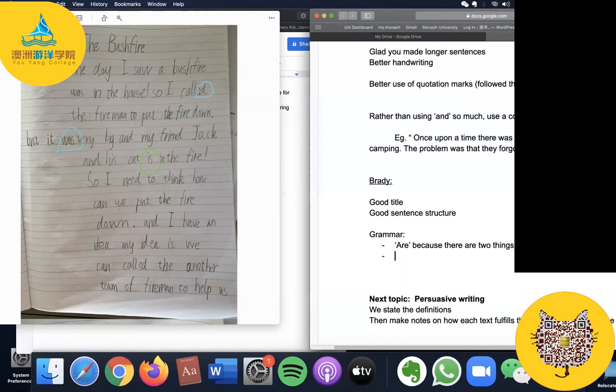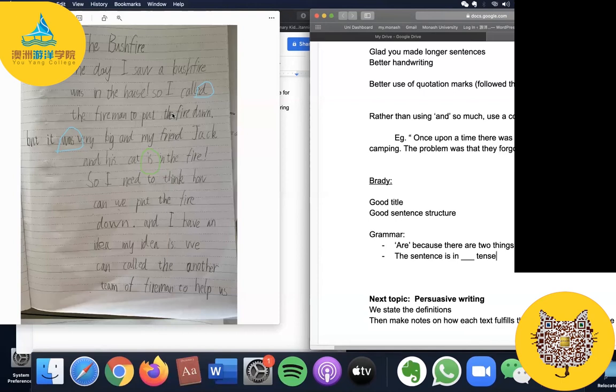Okay, but the thing is, what tense is the sentence using? Is it in present tense, past, or future? Brady and everybody else, tell me, what tense is this sentence in? Do we know tenses, sorry?